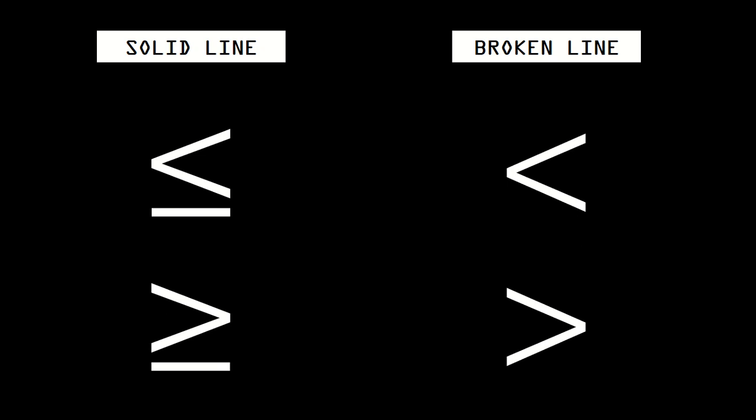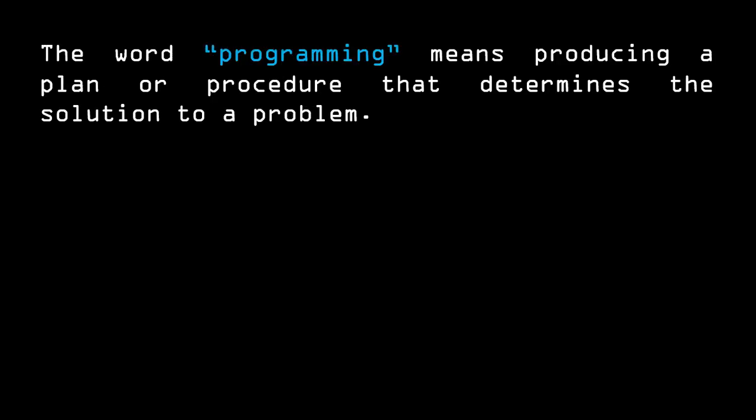Now, the word programming means producing a plan or a procedure that determines the solution to a problem. In the problems that we're going to solve, we'll use linear programming as an optimization technique.